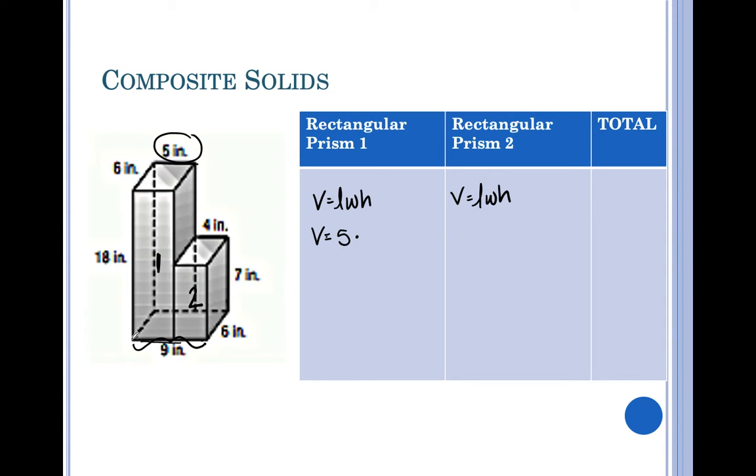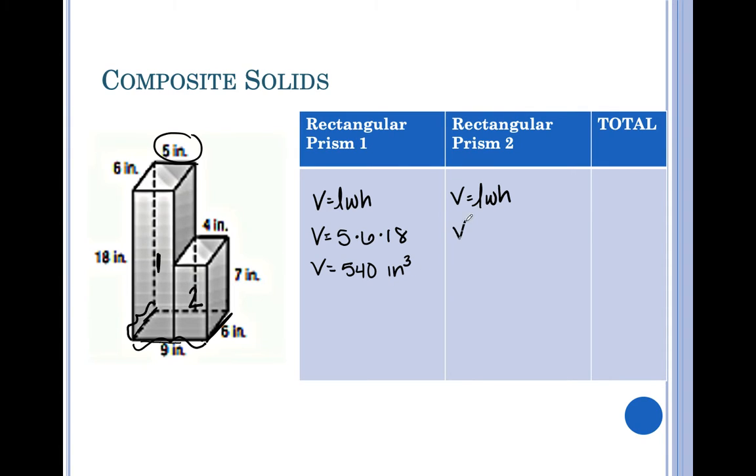The width of rectangular prism number 1 is going to be 6 inches. You can see that this width is the same as this width over here. You can also look up here to find 6 inches as the width. And finally the height, which is 18 inches. If you multiply 5 times 6 times 18, you will get 540 inches cubed, since we are talking about volume.